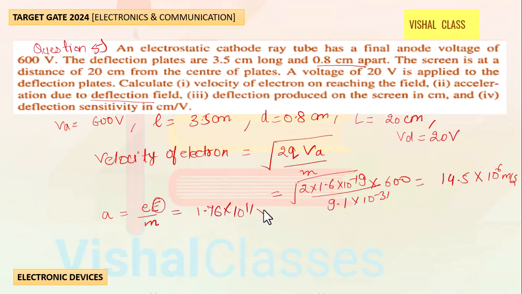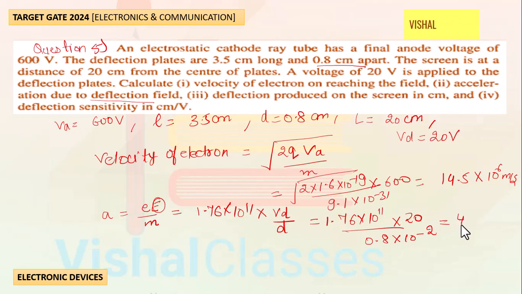E, electric field, is V by d, deflecting voltage upon d. Deflecting voltage is 20 upon distance 0.8 into 10 raised to power minus 2, and this comes out to be 43.95 into 10 raised to power 13, and acceleration unit is meter per second square.